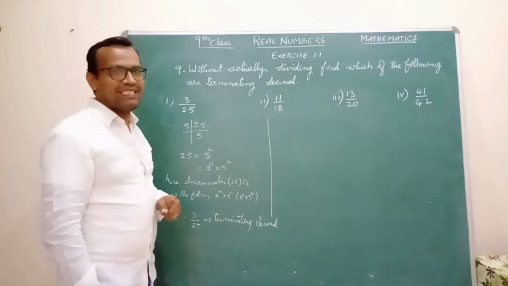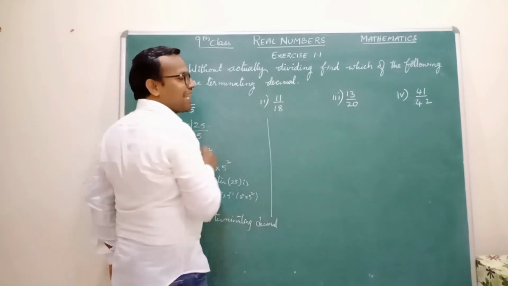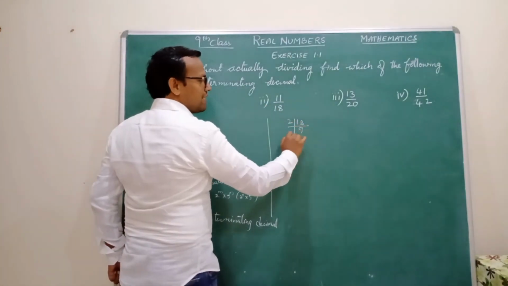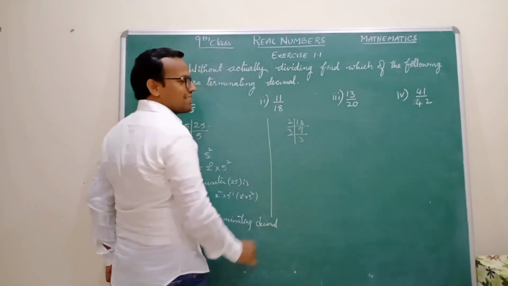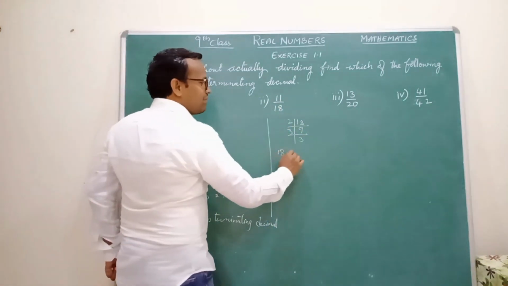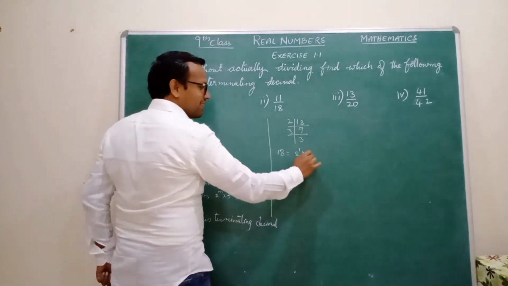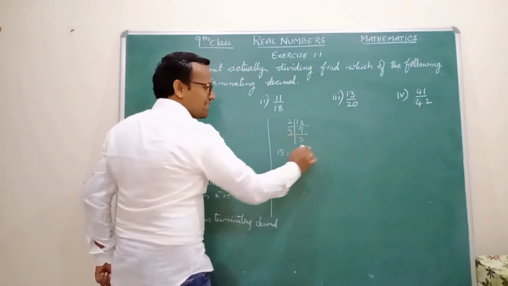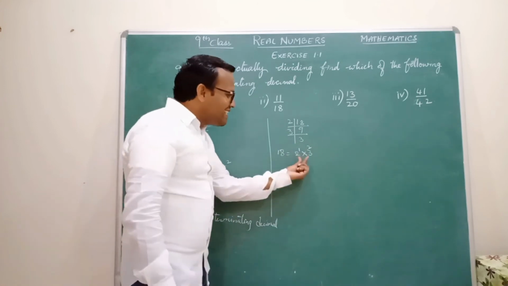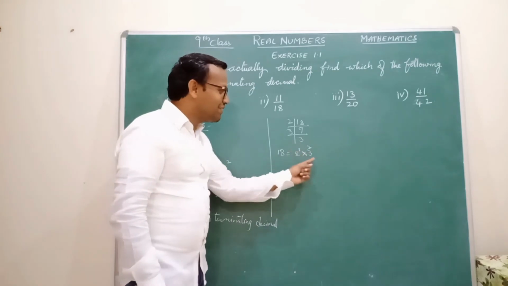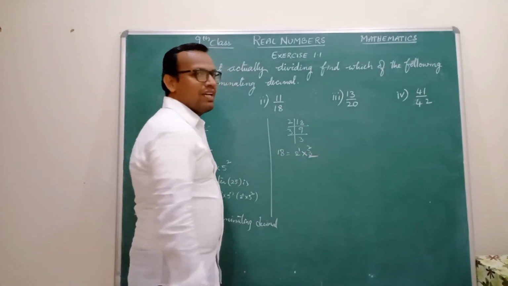11 by 18. See, the denominator is 18 here, and the prime factorization for 18 is 2 9s are 18 and 3 3s are 9. So 18 can be written as 2 power 1 into how many 3s? 3 into 3, that means 3 square. See, is this in the form of 2 power m into 5 power n? No. Here we got 3 square.